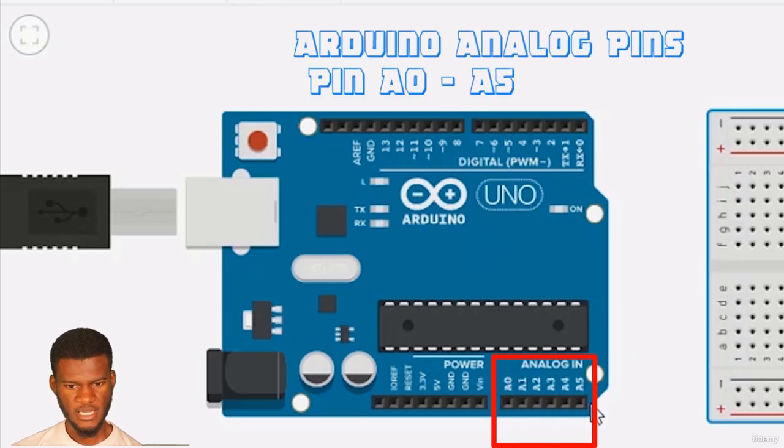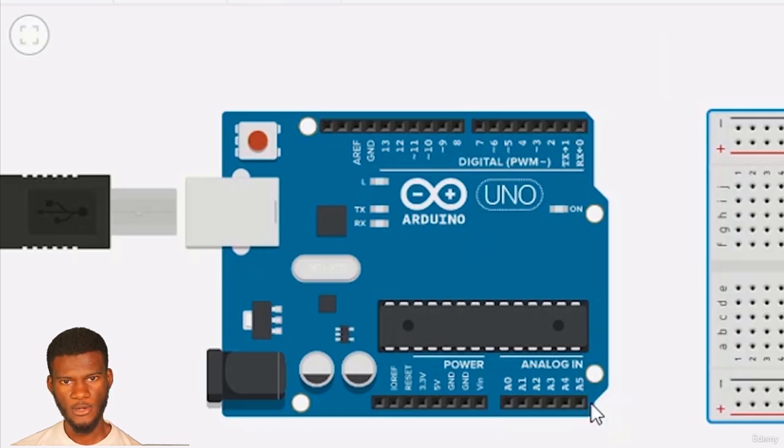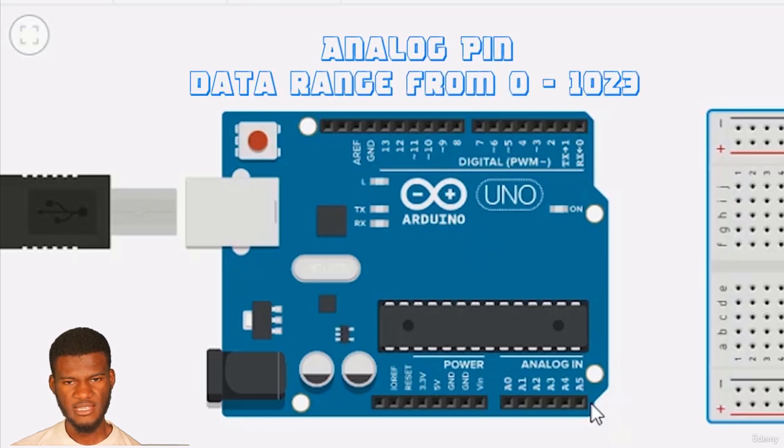Here are the analog pins, starting from A0 and ending at A5. These are analog input pins. The analog pins are a lot more sophisticated because they can take a range of data, from 0 to 1023.